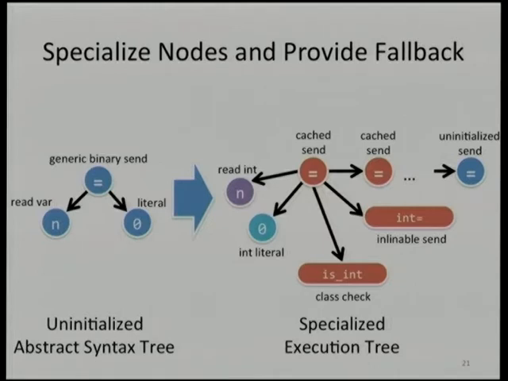So the class check is an extra node, and then here's actually an inlineable send, because often you get much better performance if you inline a method, because then you can specialize it in the calling context. And because sometimes you do really have polymorphic message sends, that one single cached node might not be enough.